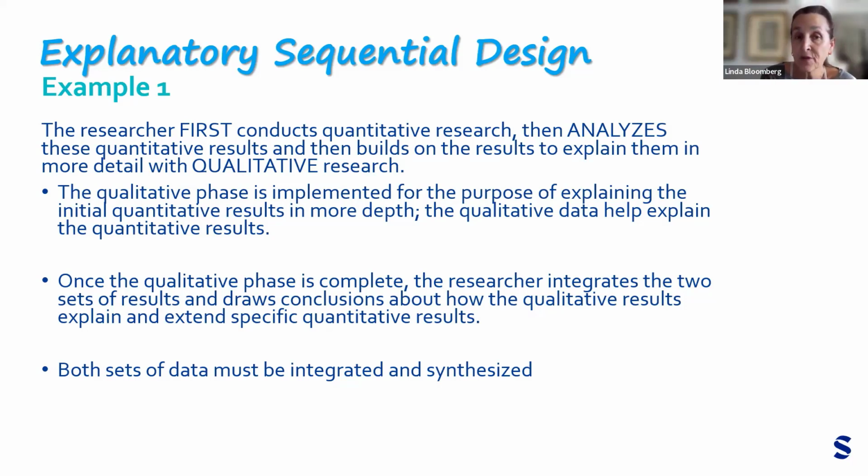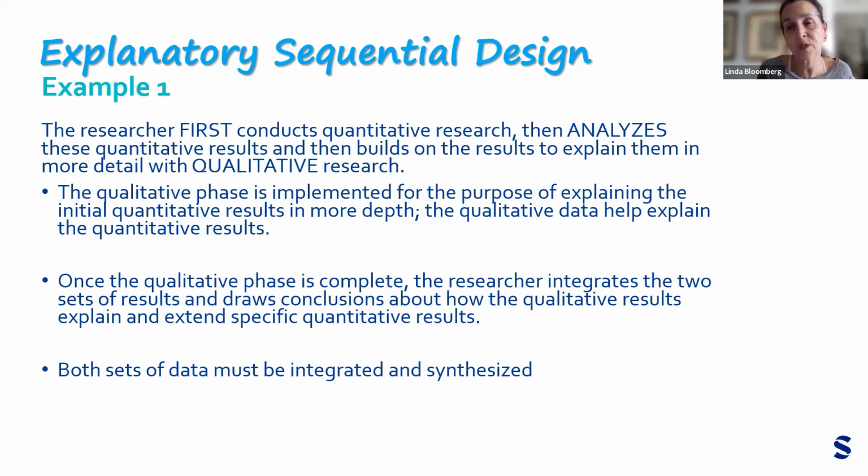And once the qualitative phase is complete, the researcher integrates the two sets of results and draws conclusions about how the qualitative results explain and extend specific quantitative results. And then, of course, both sets of data, qualitative and quantitative, must be integrated and synthesized so that the study is a holistic piece of work and not just a set of disparate parts.